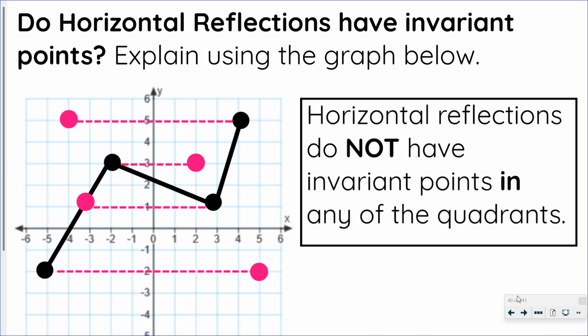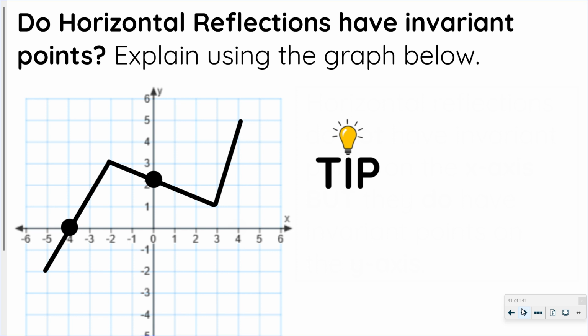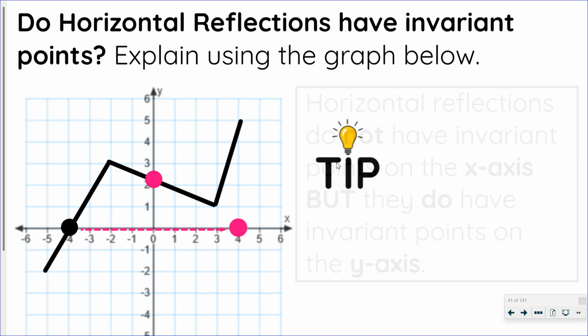Let's look at if that's the same for the intercepts. So looking at the x- and the y-intercept, reflecting horizontally. This x-intercept is 4 to the left. When I reflect it, it becomes 4 to the right. So that does not stay the same, it changes. This y-intercept is 0 units from the y-axis. It's on the y-axis, so it will stay the same.